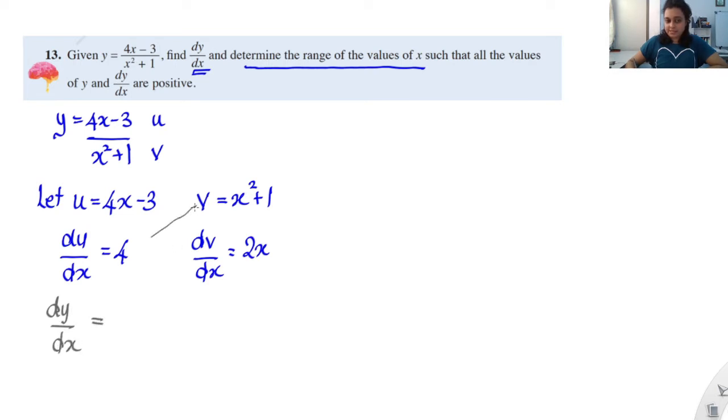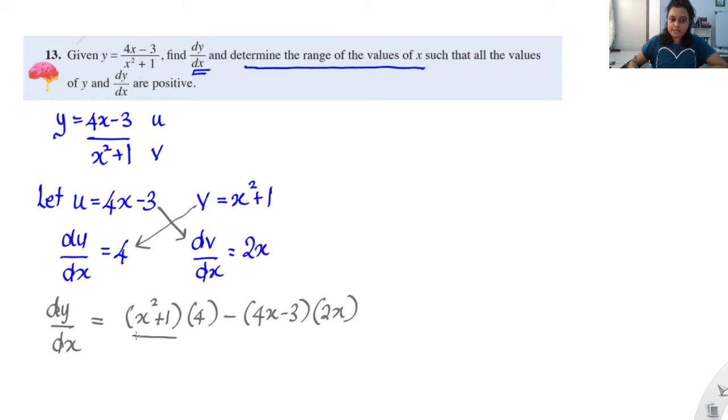Write the v first, then write the du dx. x squared plus 1 times 4, minus, write the u, then write the dv dx: 4x minus 3 and write the 2x. Then you must divide by v squared, meaning x squared plus 1, then you must square it.